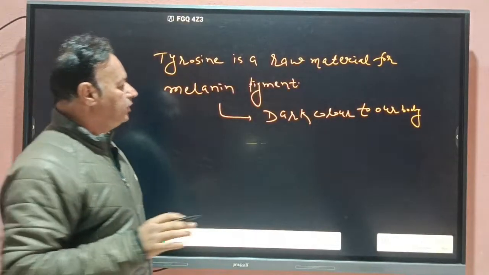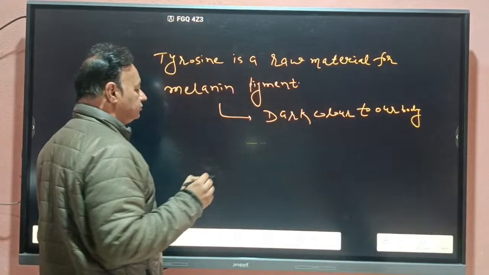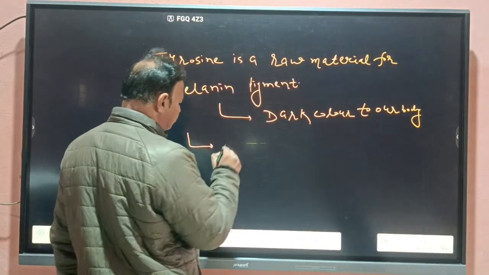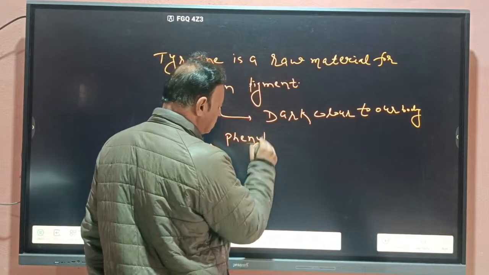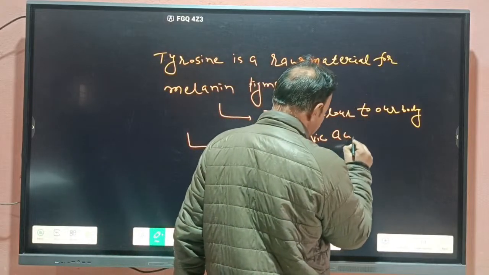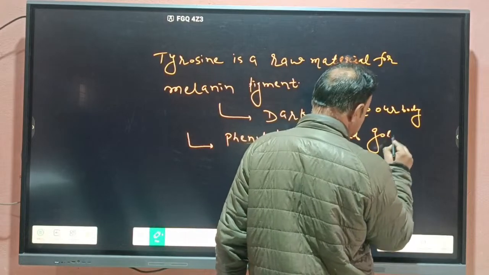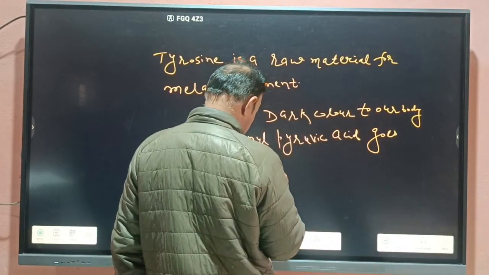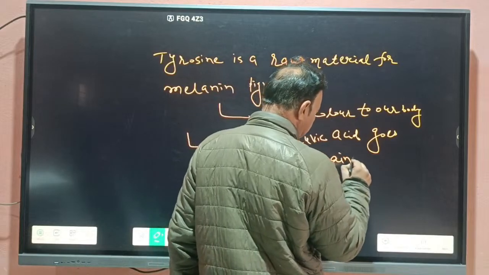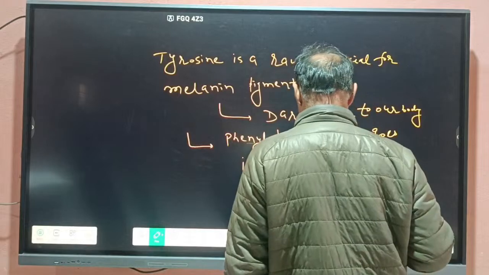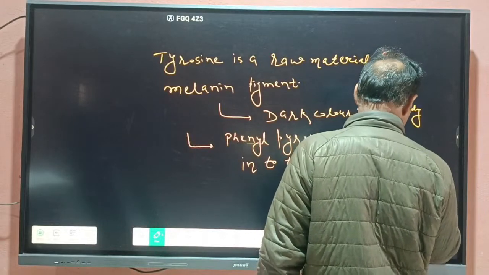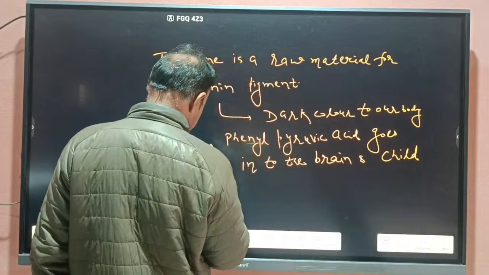In the absence of the enzyme, melanin is not formed, and phenylpyruvic acid is found instead. This phenylpyruvic acid goes into the brain, and the child becomes mentally retarded.